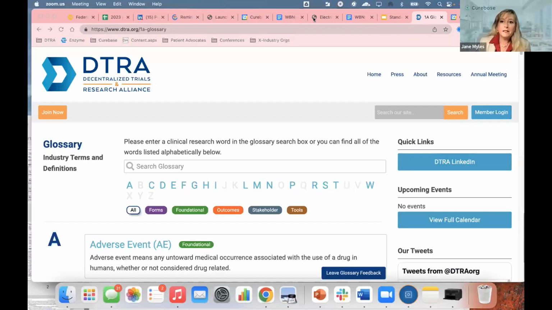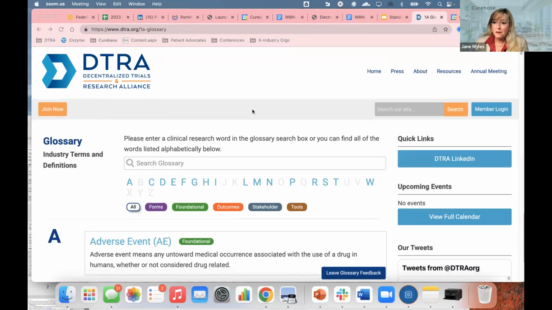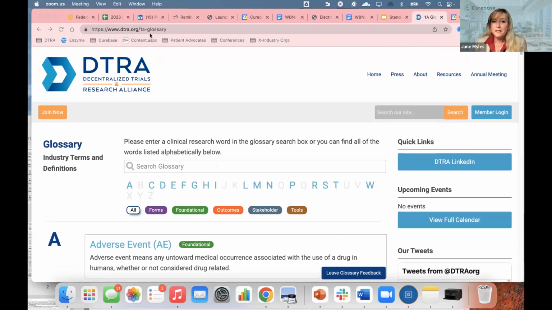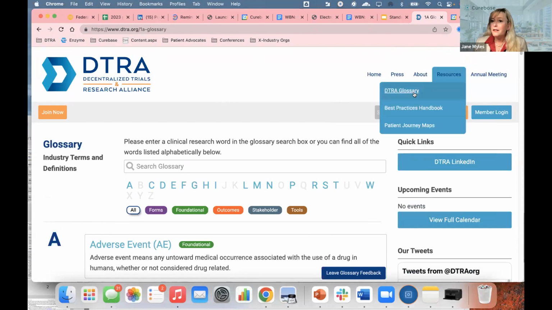Actually, that was the perfect segue, because I am going to try to share a screenshot of the DTRA website. Oh, there it is. This is the glossary, and you can see it's at dtra.org under the resources tab. The resources tab includes the glossary, a best practices handbook, and 2 patient journey maps.